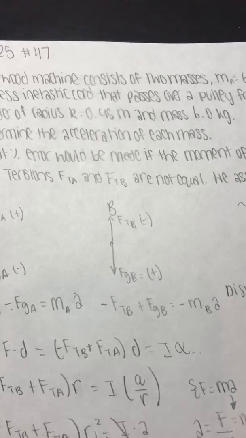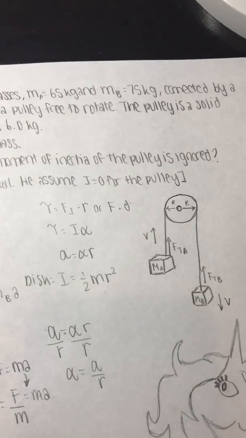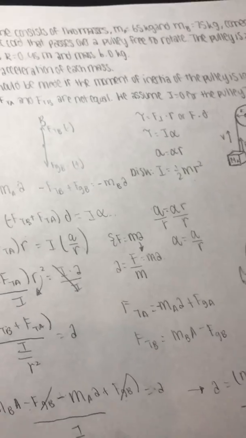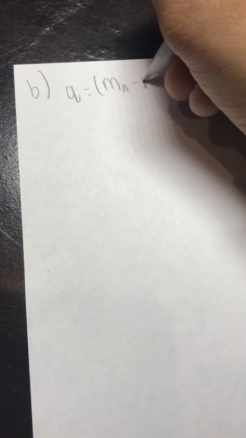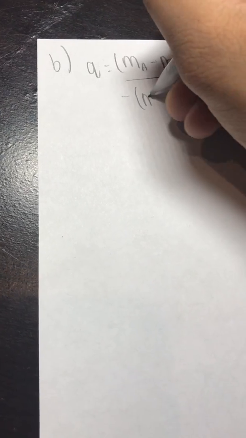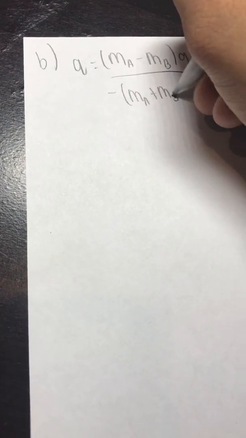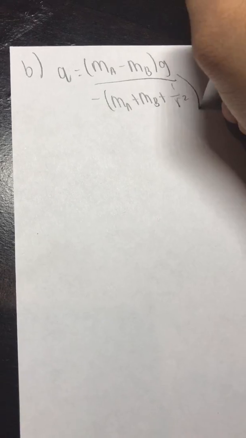Part B is asking for the percent error made if the moment of inertia is ignored. So to solve that problem, we're going to once again use our equation of acceleration, which we had come up with. We had acceleration is equal to mass A minus mass B times g over negative mass A plus mass B plus 1 over r squared.